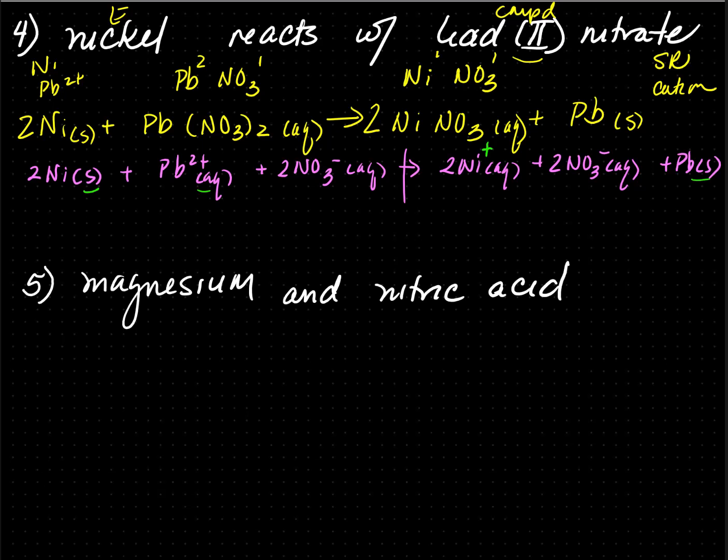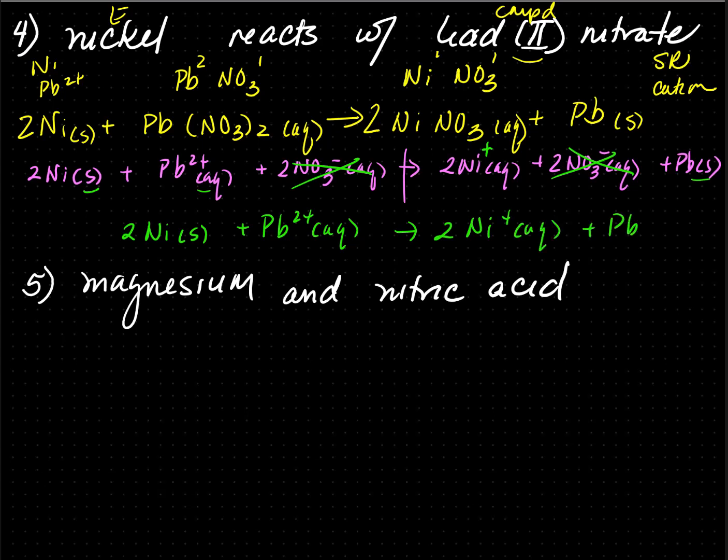You cancel out the nitrates because they're exactly the same on each side. So what's left over is 2Ni (s) plus Pb2+ (aq) yields 2Ni+ (aq) plus Pb (s). So we have 1 spectator ion. The spectator ion is what we crossed out, which is the nitrate ion.